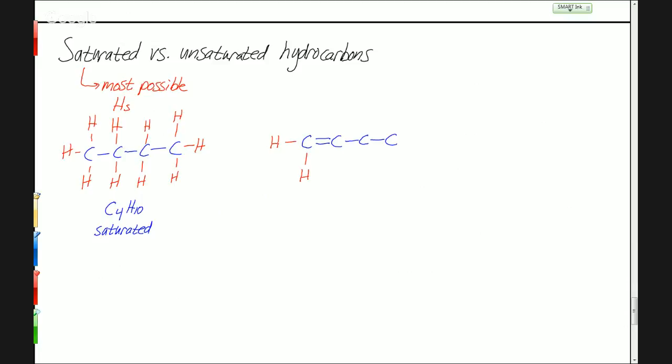That's 4 bonds. This one's now just going to get 1, because it still can only have 4 bonds. And these 2 are the same as before. So in this structure, each carbon still has 4 bonds, but now we have fewer hydrogens. So now for 4 carbons, we have 8 hydrogens instead of 10, and that's called unsaturated.